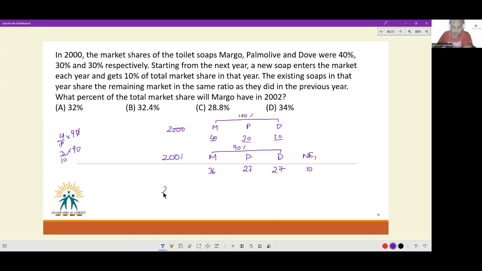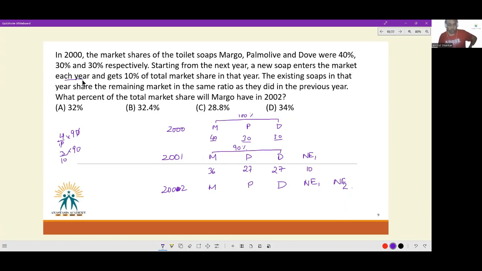Now, what would happen in 2002? Now, see, in 2002, there is an extra entrant here. We have Margot, Palmolive, Dove, new entrant 1, and new entrant 2, because we are told starting from next year, a new soap enters the market each year.